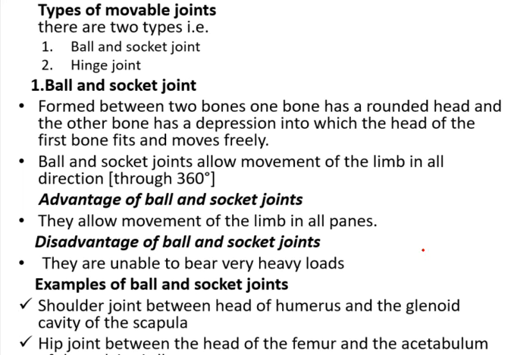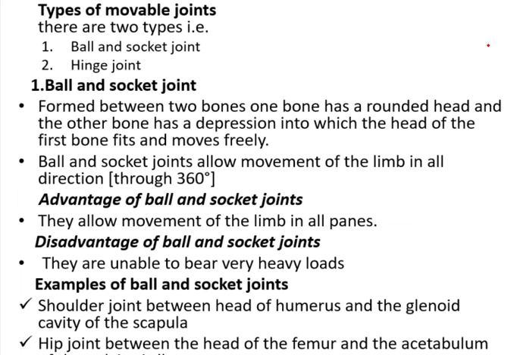Let's look at the ball and socket joint. It is found between two bones. One bone has a round head and the other has a depression into which the head of the first bone fits and moves freely, and the ball and socket joint allows movement of the limb in all directions, that is through 360 degrees.